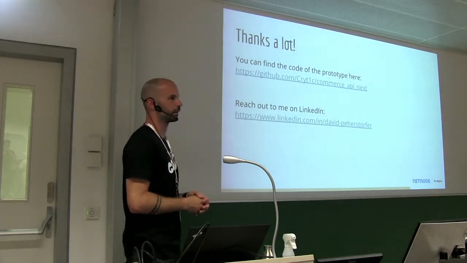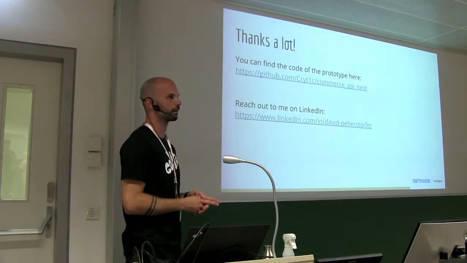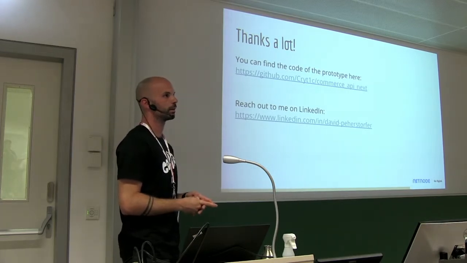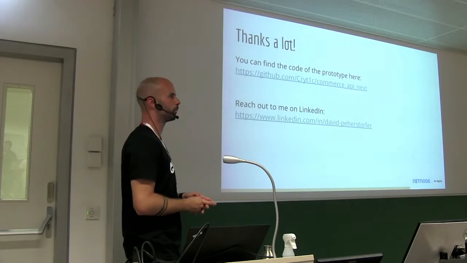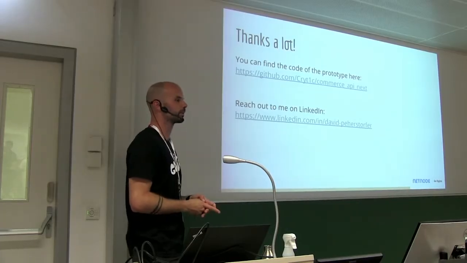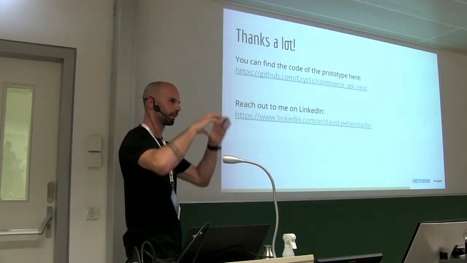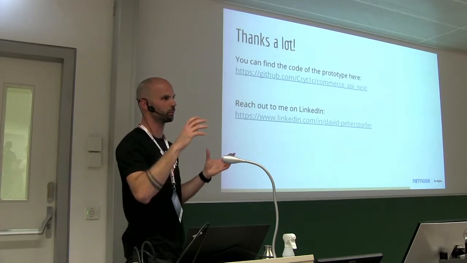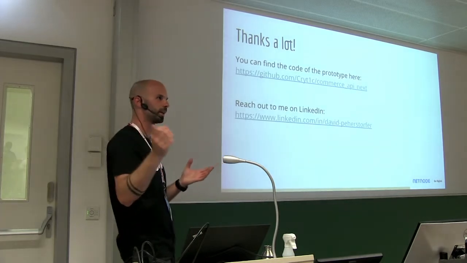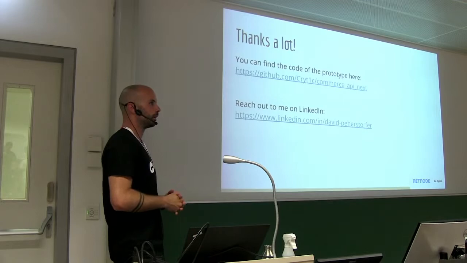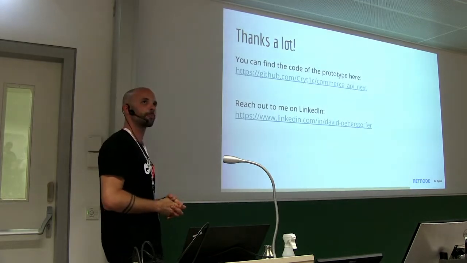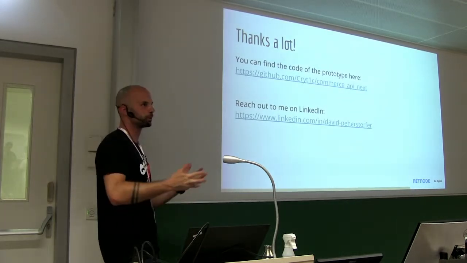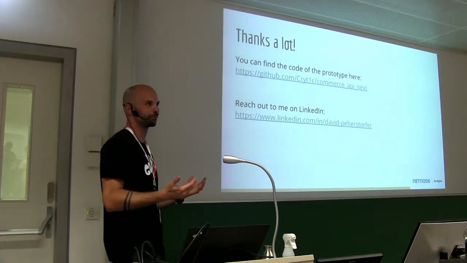We have different reservations, for example, where you have a calendar and you can book a spot, and this is then sent to the backend. We have retail products. There's a lot of stuff possible.